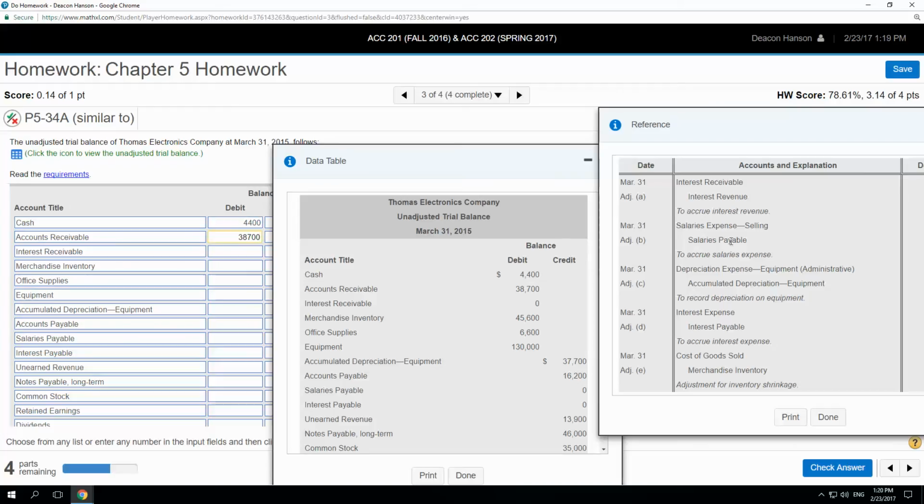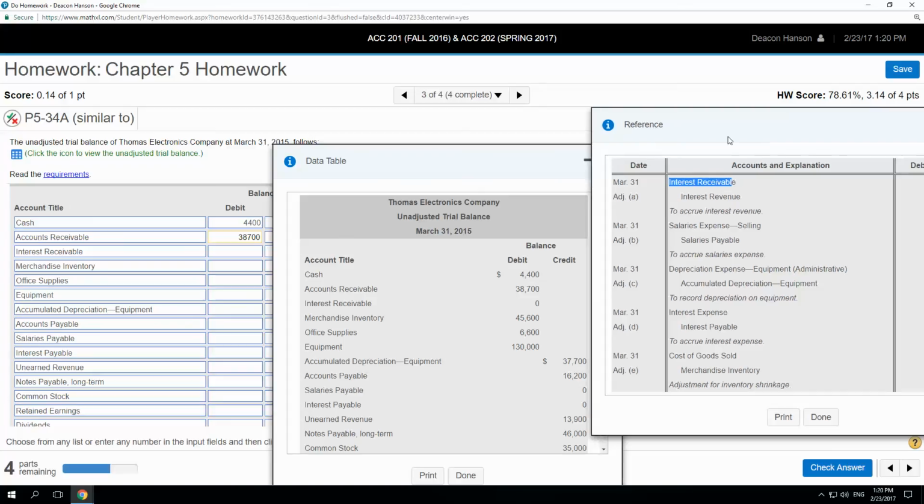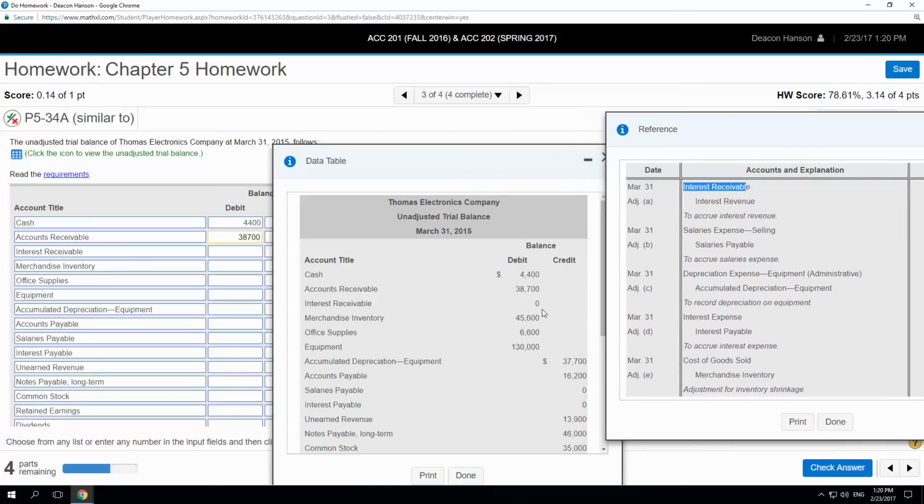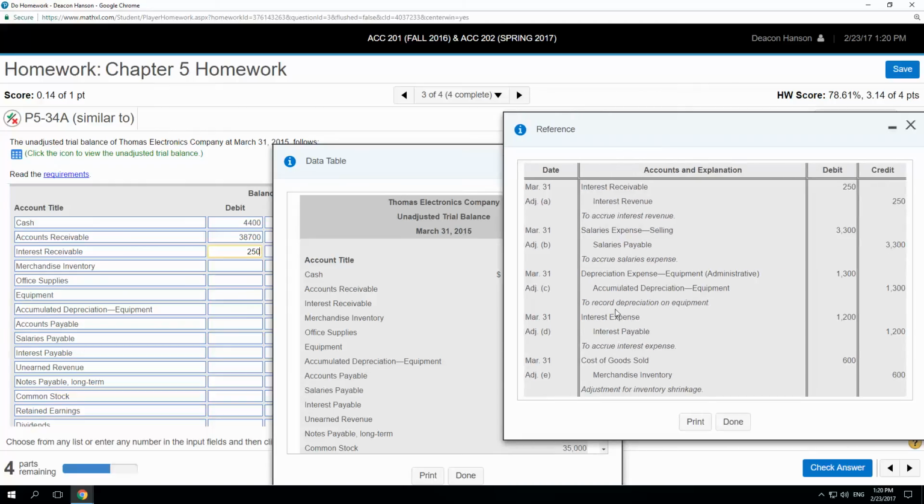Interest receivable, I do have an effect, right? I would scan down because we might have had something happen twice to it, but no, just once. Interest receivable went up by 250, debit of 250. It's showing a 0 here, so 0 plus 250 is 250. Okay. What happened to inventory? Very last entry.